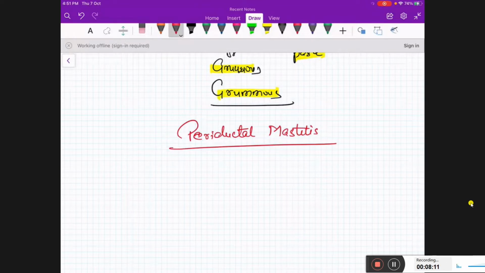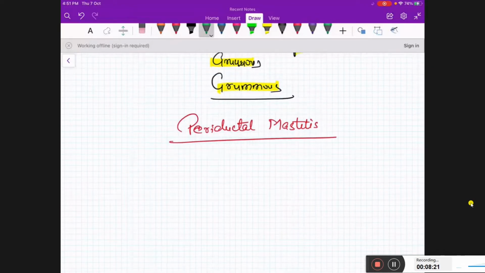Now, which individual has more risk of developing periductal mastitis? That is very important. It is those who are smokers. If the female is a smoker, there are very high chances of developing periductal mastitis.